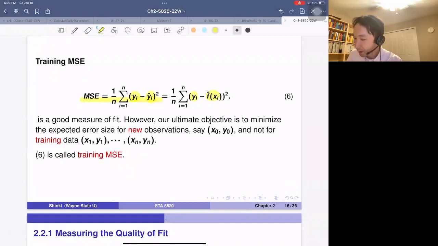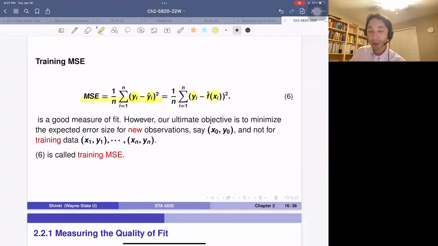Yeah, but the problem of this measure is that it only evaluates the error for our sample. Usually, our sample is the training set, and after developing a regression model, we want to apply that model to new data, and the key is the error size for new data, not the existing training data.